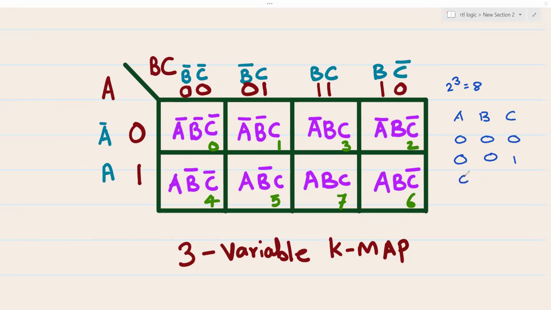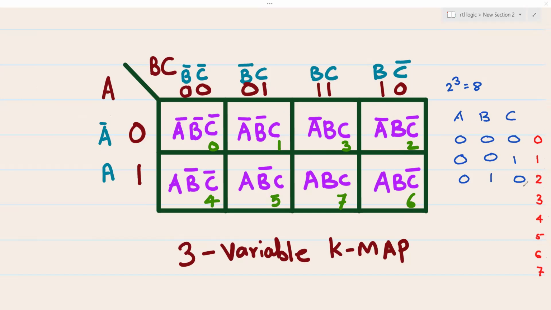Then you can have 0, 1, 0. So how you see this 0, 1, 0 in the cell, you can see that this is decimal number 2. So that is 0, 1, 0. You can see that I am writing here for the decimal case. This is, let's say, 0, 1, 2. Then you have 3, 4, 5, 6, and 7.